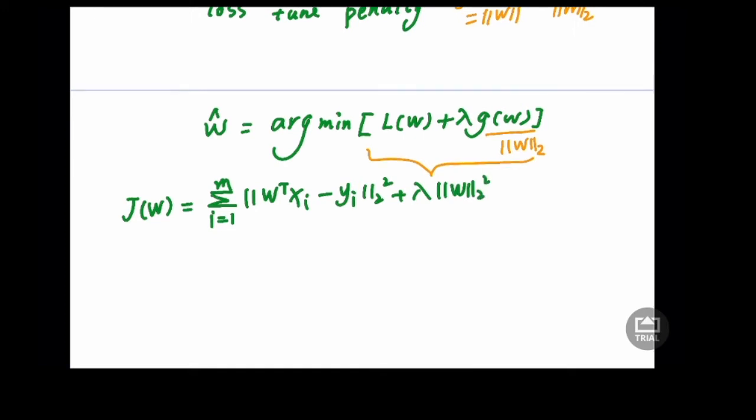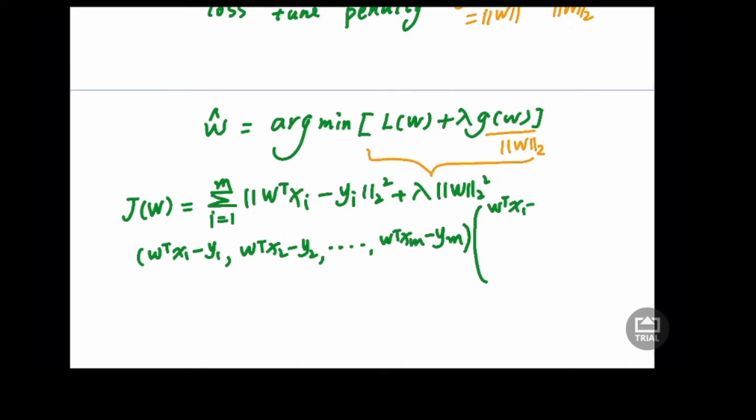What I want to do next is to rewrite it in matrix form. The first term should be the row vector (W transpose x1 minus y1, W transpose x2 minus y2, dot dot dot, W transpose xm minus ym), and then its transpose.